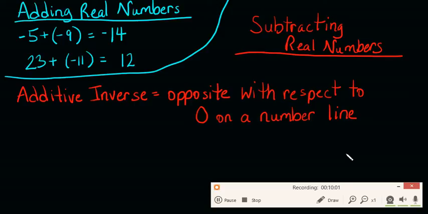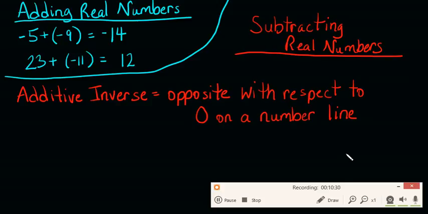So the number 2 has an additive inverse of -2 because they're opposite of each other in relation to 0 on the number line. -5 has an additive inverse of 5 because they're opposite of each other in relation to 0 on the number line. And to find the additive inverse quickly, you just simply change its sign.